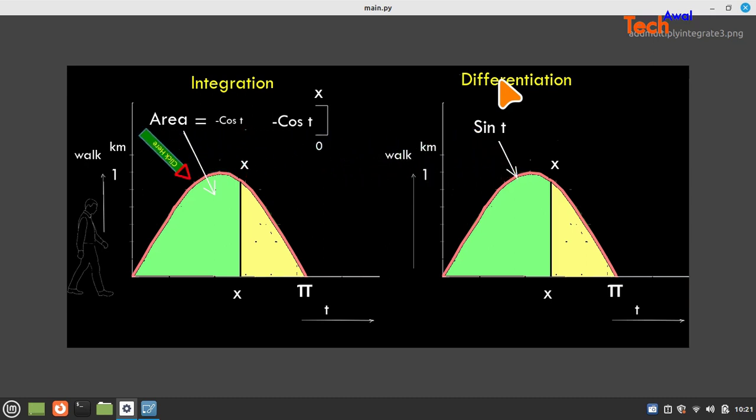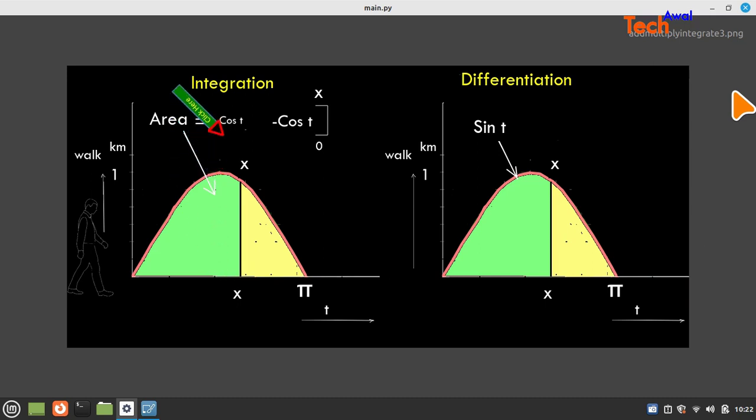Okay, like if a person is walking in a kind of sine wave, it starts from 0 and after some time he reaches the maximum, that is 1, and then he decelerates and his speed comes back to 0. At any moment x, how many kilometers he has walked, that is the area that we see in green.